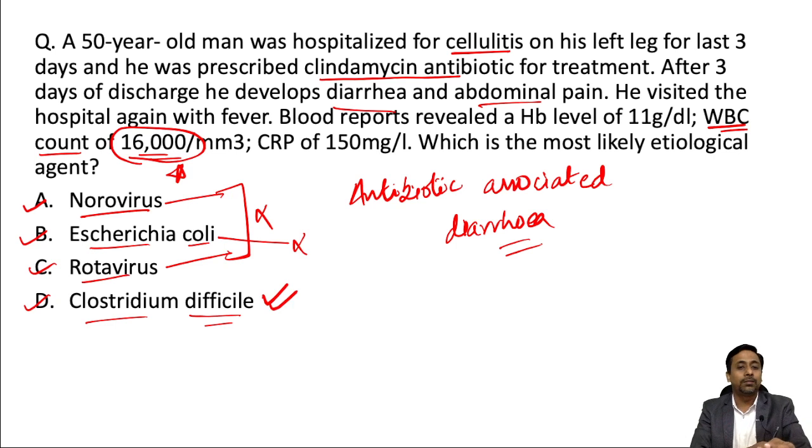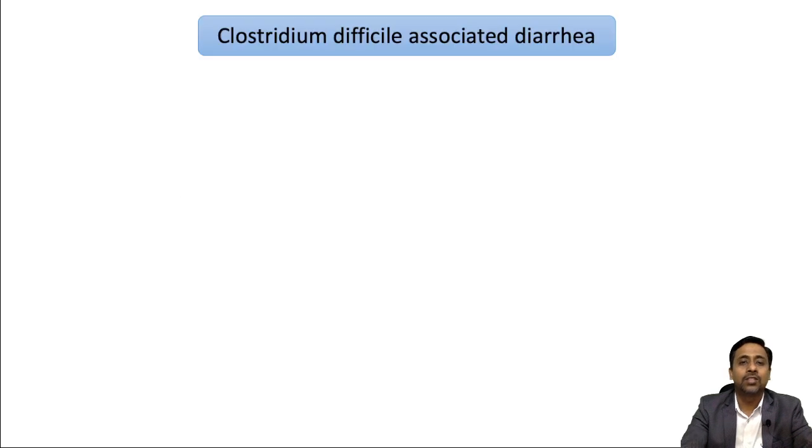But the question may change, the options may change, everything may change, because this is an important topic. So we'll go into the detail and see the important points you should remember to answer questions from this topic. The disease caused by Clostridium difficile is called Clostridium difficile associated diarrhea, in short CDAD, or we can also call it Clostridium difficile infection.